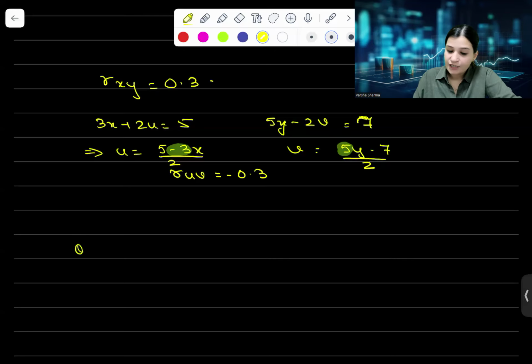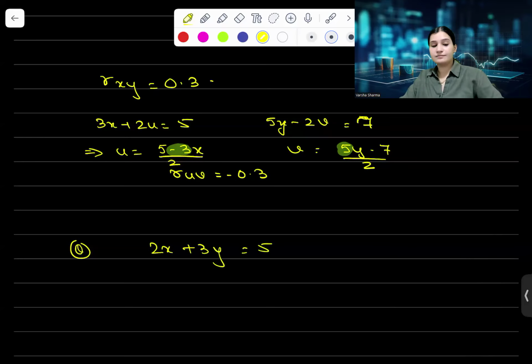If I give you only one equation between x and y, how do you find r? If there is only one relation between x and y, which is a linear equation, r is going to be either plus 1 or minus 1.